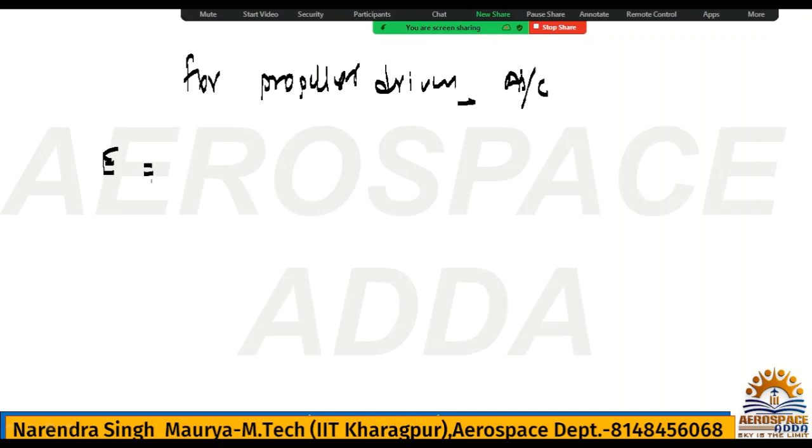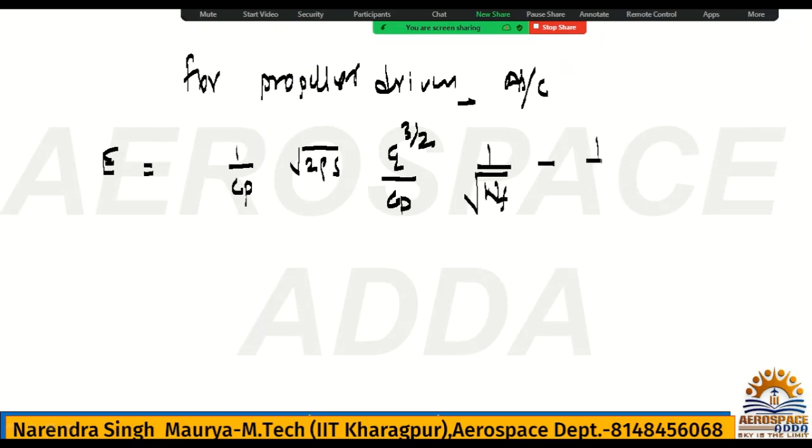That formula you should know. Yes or no? It is 1 upon Cp, 2 rho S. Formula you have to remember. Forget about derivation and all. This formula you need to remember.